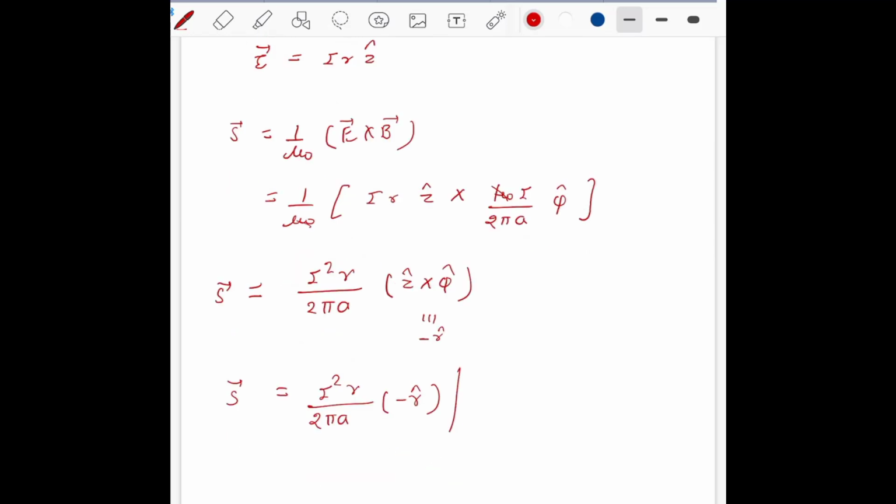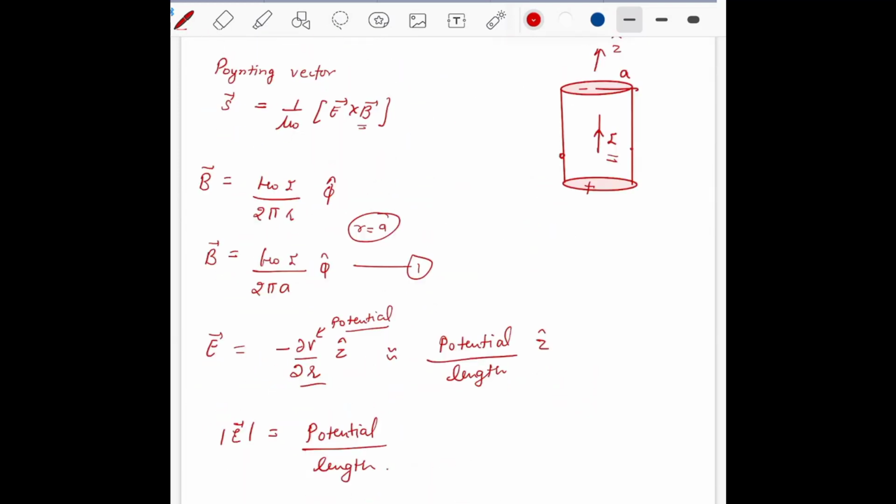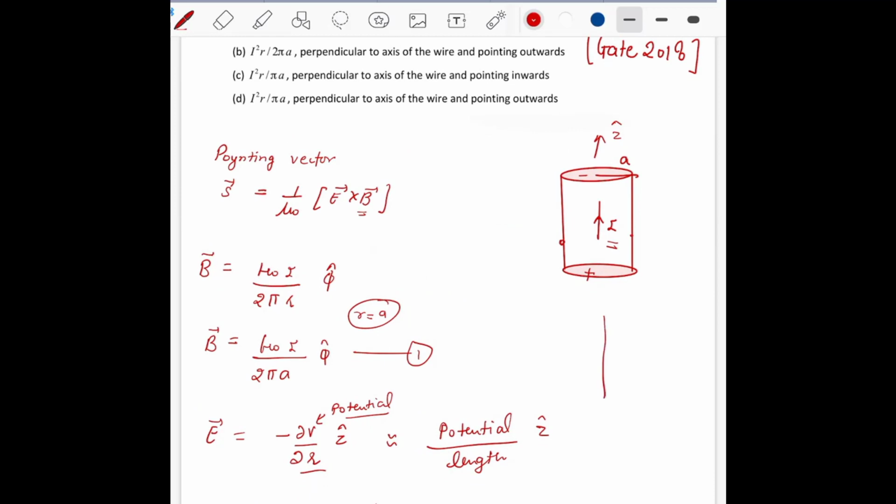So r cap is the direction which is away from the origin. So if this is your cylindrical polar coordinate system with z cap, and this is your x, this is your y, such that the phi cap direction is this, then the r cap is this, away from the origin. So this is the r cap. Now here it is a negative r cap direction. That means it is the opposite side of that.